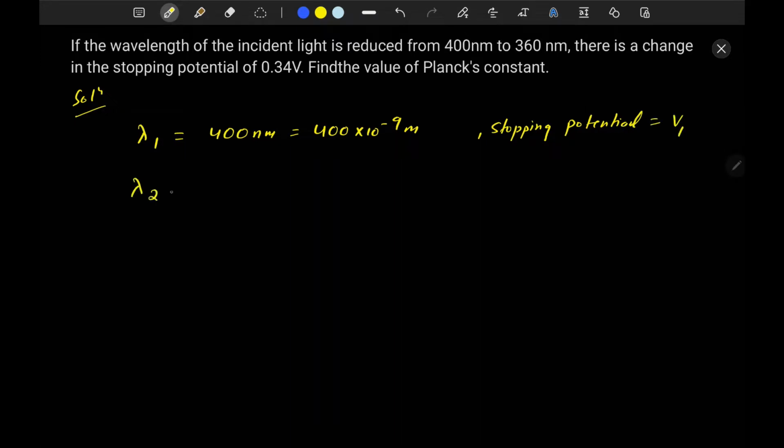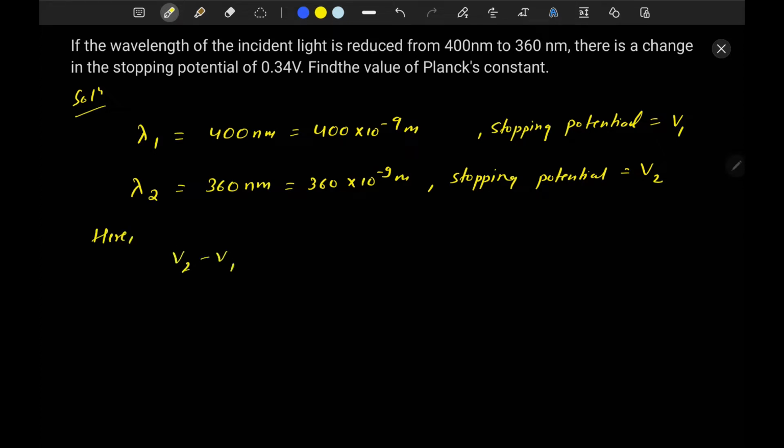Similarly, when the incident wavelength becomes 360 nanometer, or 360 × 10^-9 meter, we consider the stopping potential as V2. Now according to the question, the change in stopping potential is equal to 0.34 volt, and we need to calculate Planck's constant.